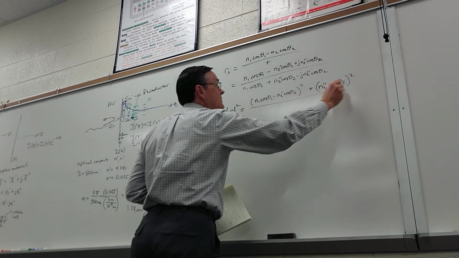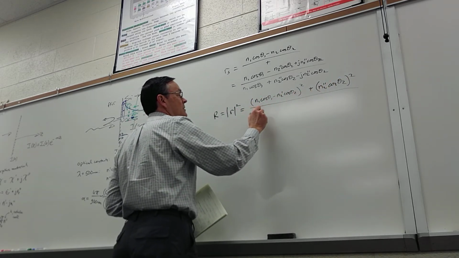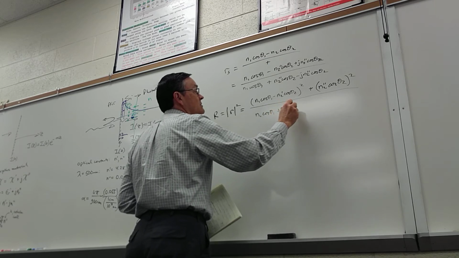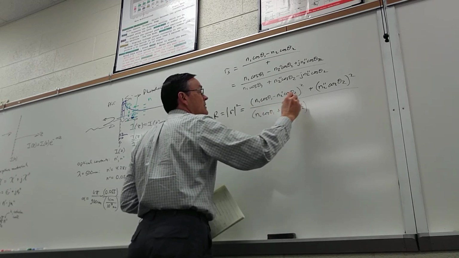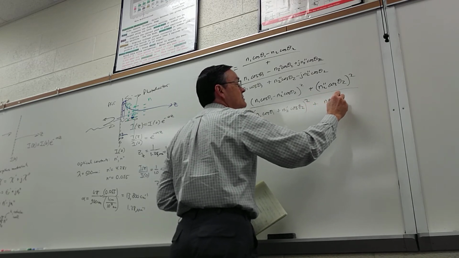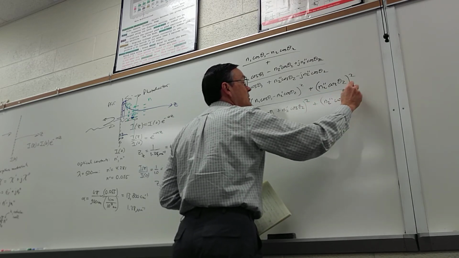And then in the numerator, we have N1 cosine theta 1 plus N2 prime cosine theta 2 quantity squared plus N2 double prime cosine theta 2 quantity squared.